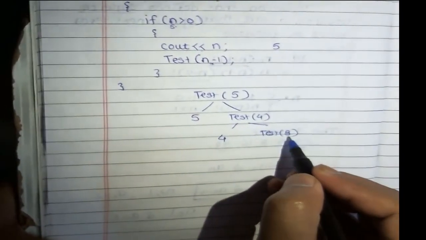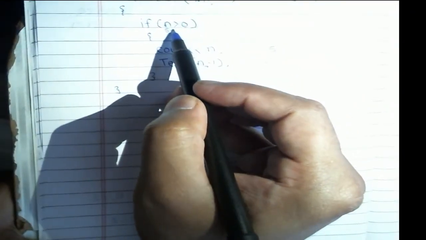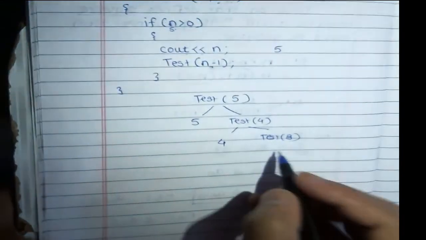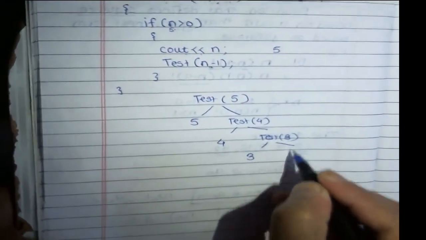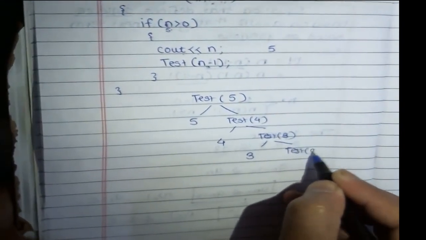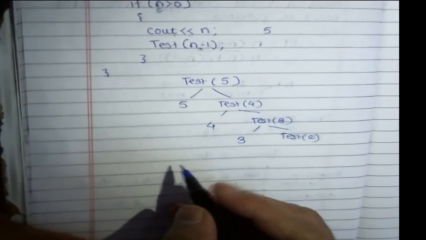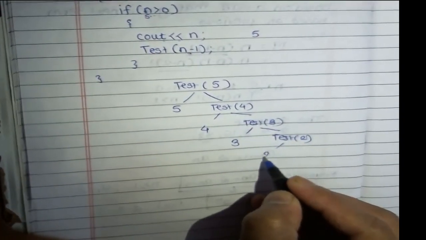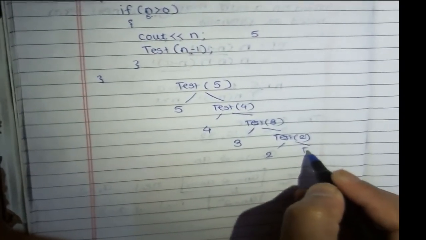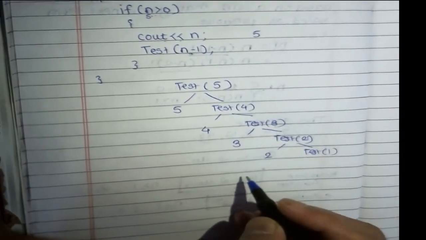When we make a call to test of 3, it will check whether it is greater than 0, print 3, and make a call to test of 2. Again, test of 2 prints 2 and makes a call to test of 1.